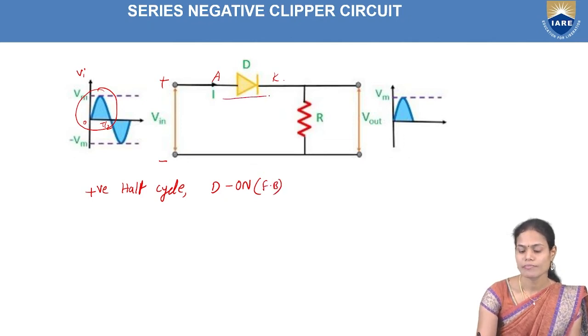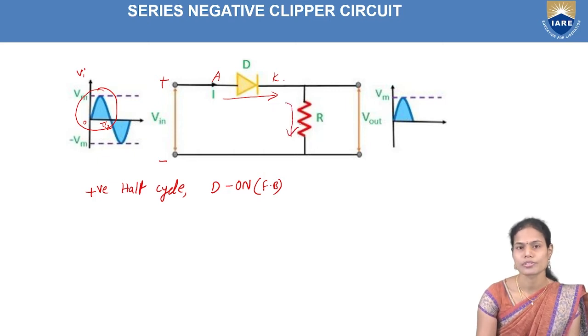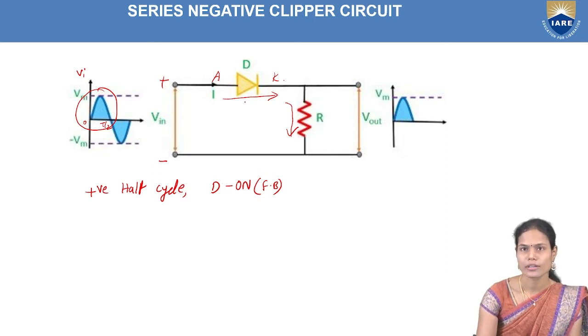Once it is forward bias, the voltage will pass through the diode and the same will appear across the load resistor R. And there is no voltage drop across the diode here. So the total output voltage we will be getting here is Vo equal to plus Vm.